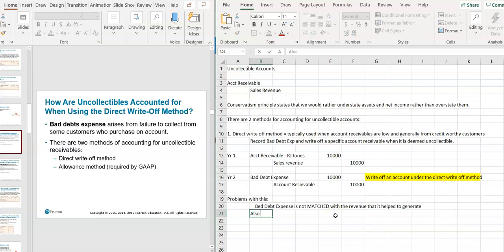And then also at the end of year 1, my assets are overstated. But it works okay if you have a low volume of account receivables and your customers are pretty credit worthy. For instance, let's say that I'm HEB in Kingsville. I don't sell on credit to anybody. I have zero credit customers comprised of people like you and me.